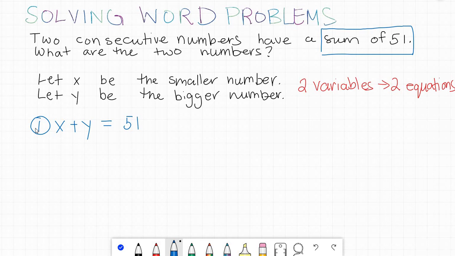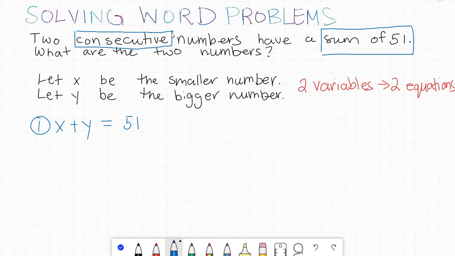And then for a second equation, I need to pick out a second piece of information. The only other information I really have been given is that they are consecutive numbers. What that means is that they come right after each other on the number line.